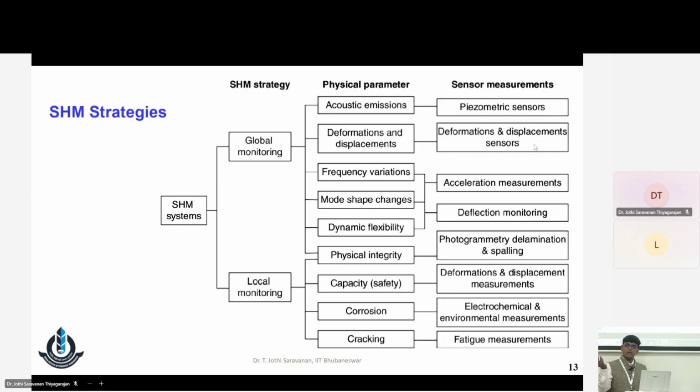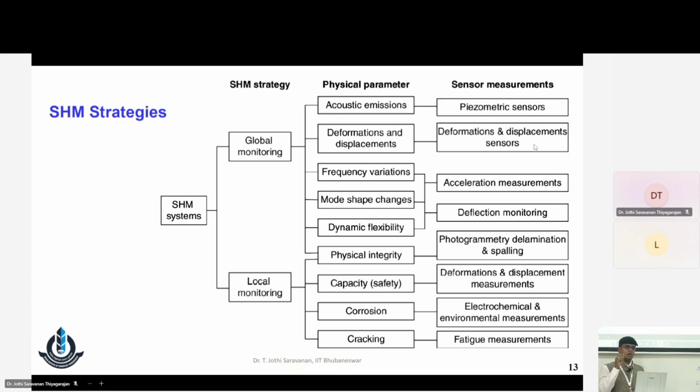Again, as we discussed, there are two types of monitoring. One is global, another one is local. Global is where you try to understand the scenario of your whole system, but local is, suppose my bridge girder is corroded, then I have to have local monitoring: why it is corroded, how it is happening, all those things, okay. There are different physical parameters and different sensors that I can use to understand that particular local system, because if the infrastructure is too large, it is not obvious to concentrate on the whole structure, which is running for more than kilometers.